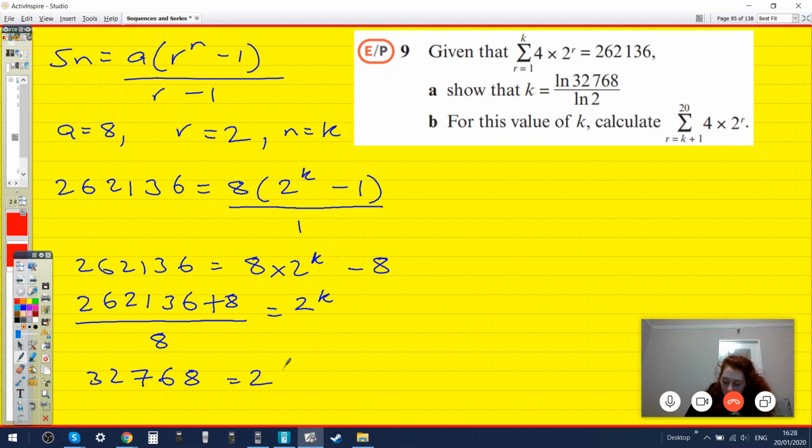So if we take natural logs, it'll then be that k equals... Well, this is a show that, so let's actually just show it. So let's say ln 2 to the k is equal to ln the other one.